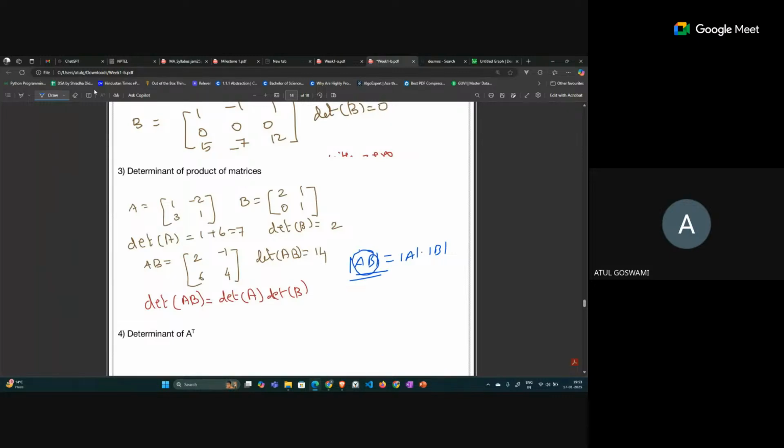After finding AB, suppose this is C, the product of A and B, where A and B are individual matrices, then we find this determinant, or we can individually find the determinant for A and B and multiply them. This is a property of determinant. This is an important property actually.